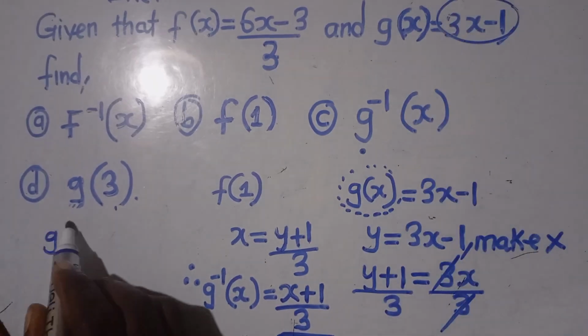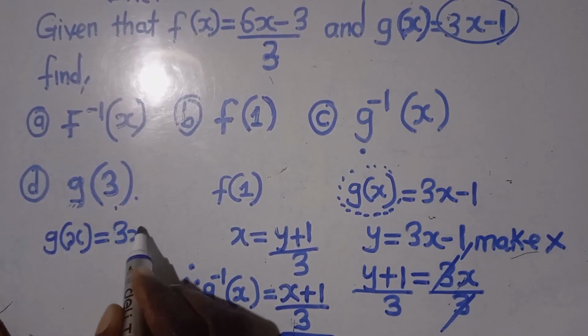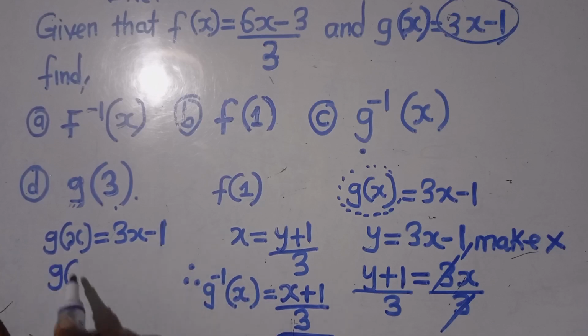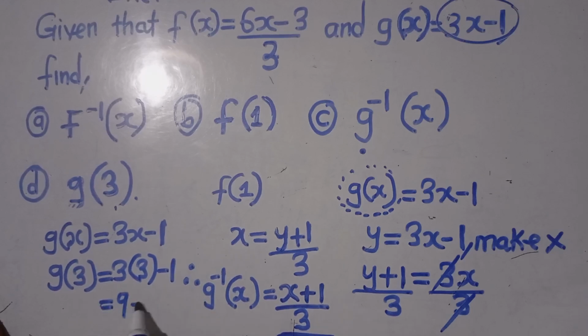So g of x is equal to 3x minus 1. Then g of 3 is equal to 3 multiplied by 3 minus 1. So this is just the same as 9 minus 1, which is equal to 8 as your answer.